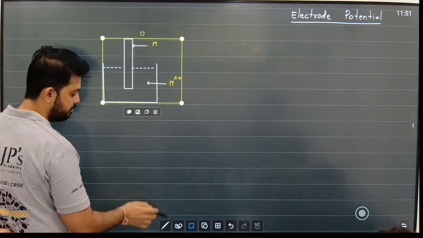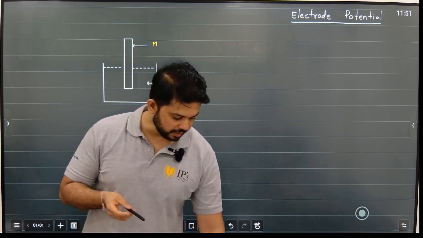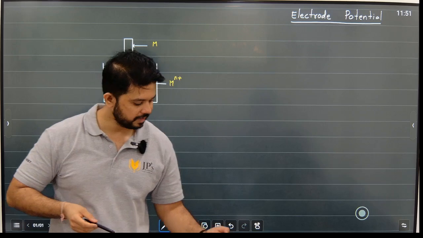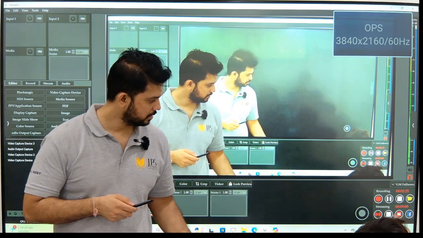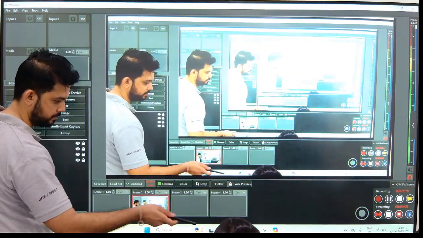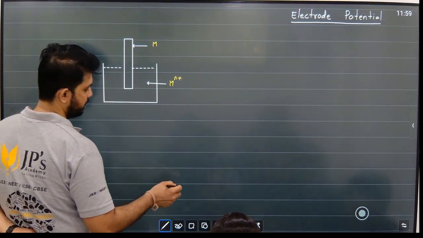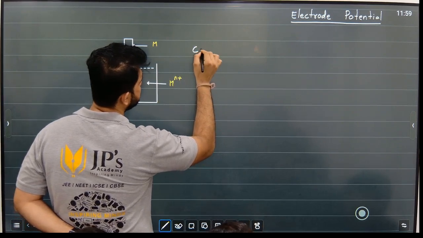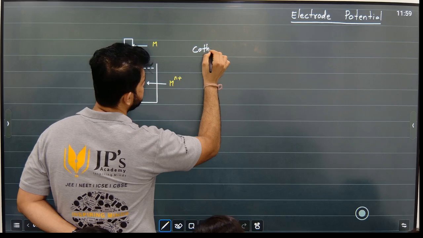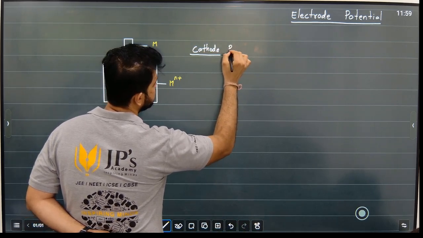Now, this can behave like cathode, but this can also behave like anode. Yes or no? Okay. Now, so when this behaves as a cathode, what will the reaction be? It will be reduction.